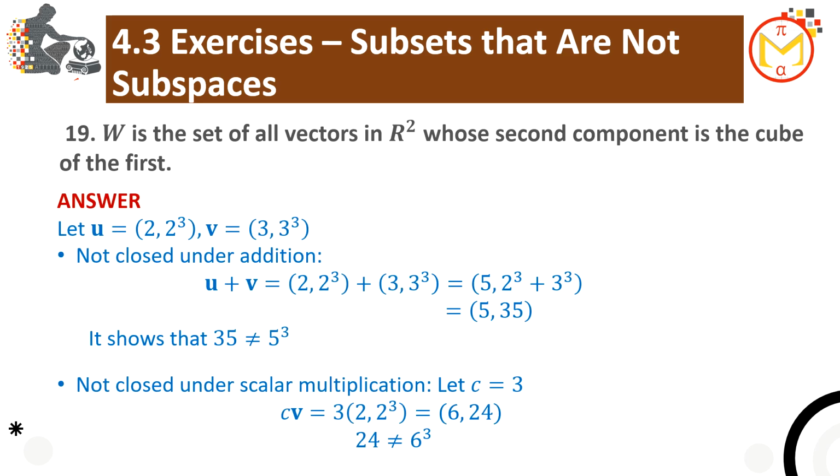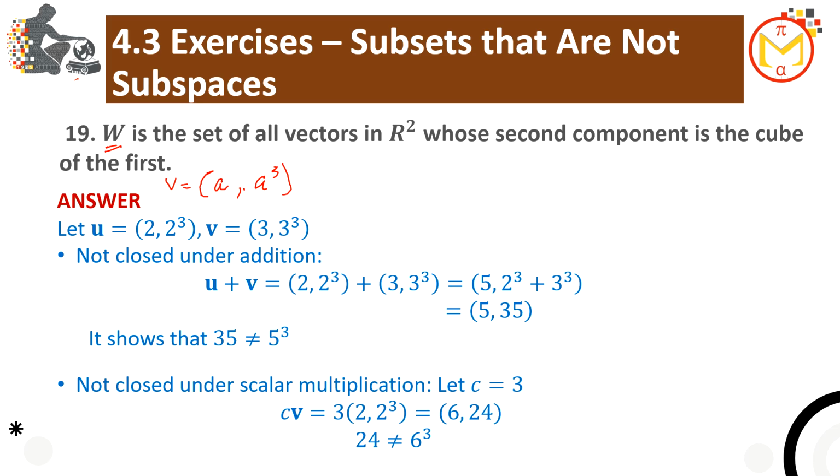All right, what about W is a set of all vectors in R square whose second component is the cube of the first. Okay, so the set of all vectors in R square. Let's say I have V here, or say A, and the second component is A cube. So this is the representation of one vector under W given in this problem.